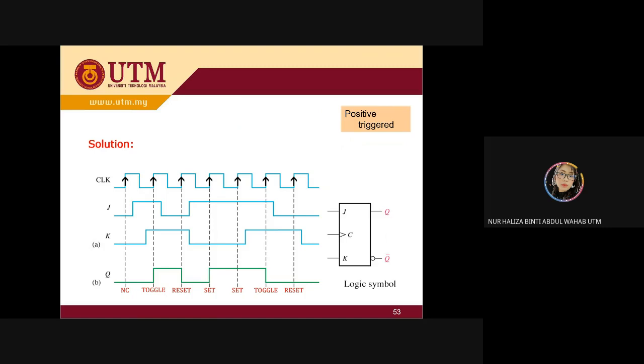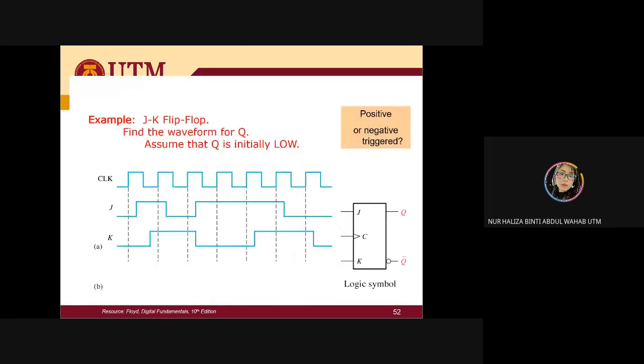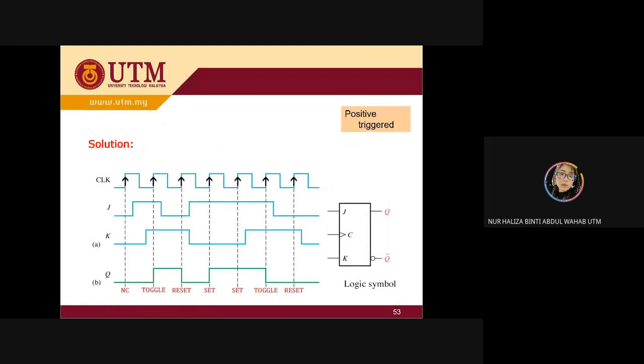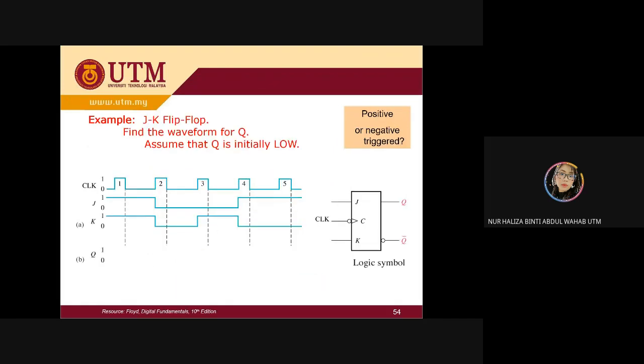So you can try without looking at the answer. Try first and compare with your answer. There is another example, but now you were given with negative. So you need to draw the negative clock.